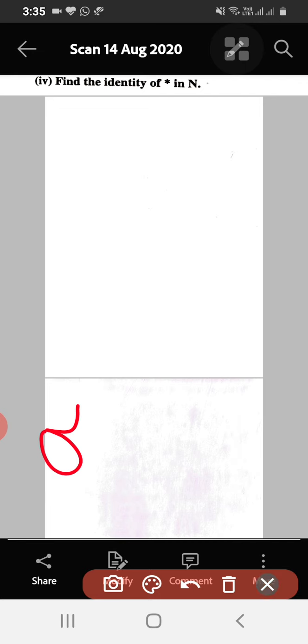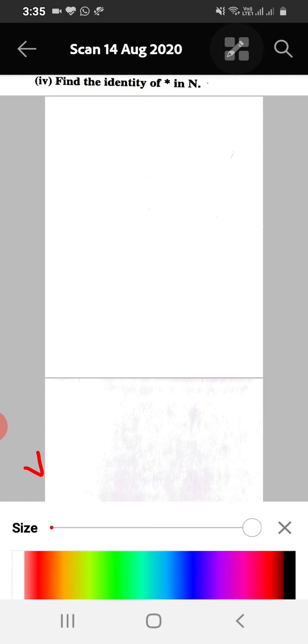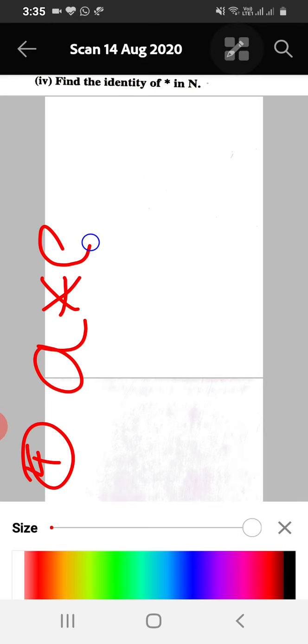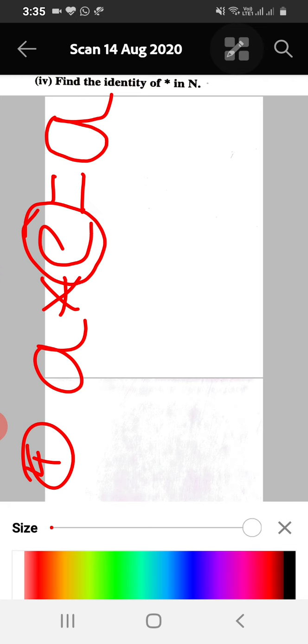So what does the identity property say? By the identity property, we know A star E is equal to A, so we should get back that element, where E is the identity element. So here we have to find the identity element in the set of natural numbers.